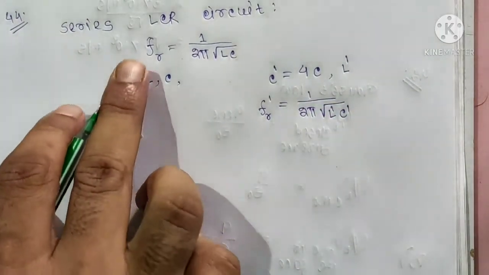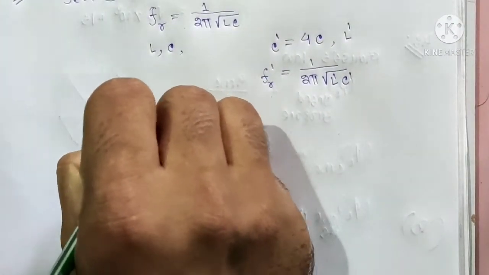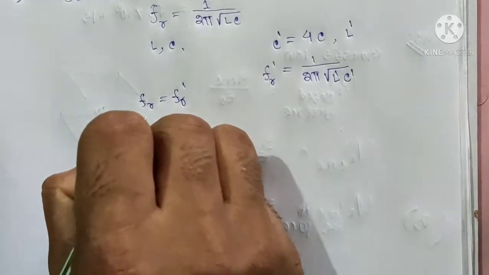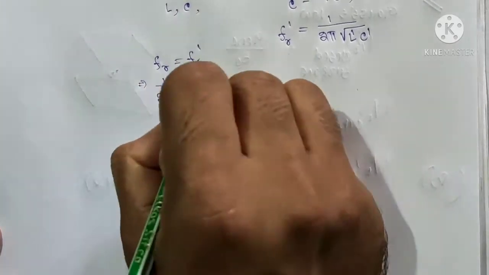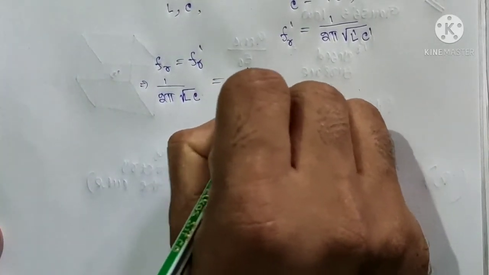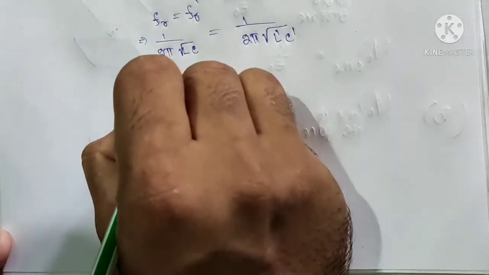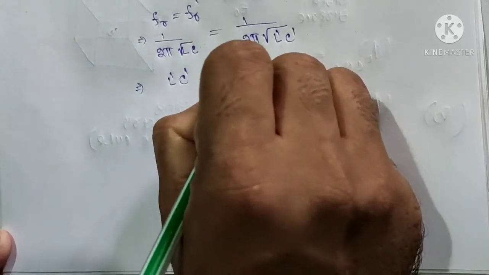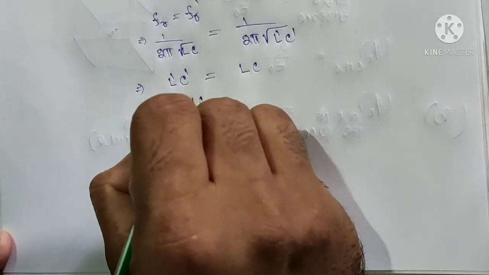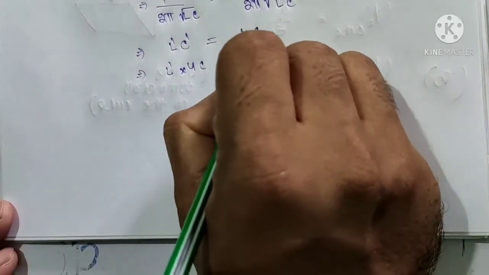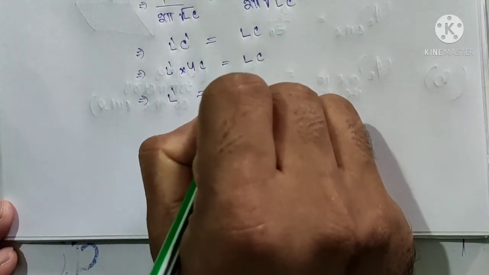But in the question it is given that the resonant frequency will remain same, so Fr equal to Fr dash, or 1 by 2 pi square root LC equal to 1 by 2 pi square root L dash C dash, और देखो 2 pi कैंसिल, L dash C dash equal to LC, और L dash 4C equal to L into C, और L dash equal to L by 4.